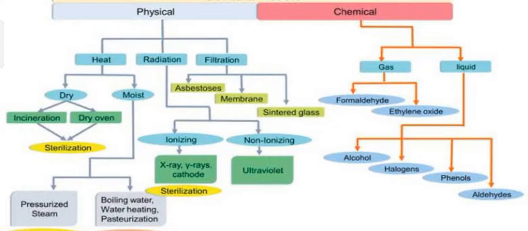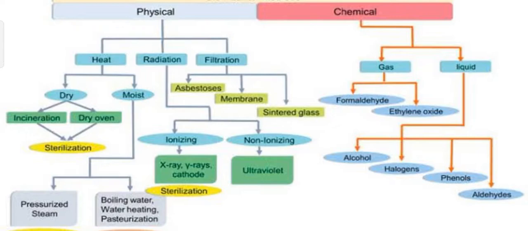Under radiation we have ionizing radiations and non-ionizing radiations. X-rays and gamma rays are ionizing radiations, whereas UV light or UV rays come under non-ionizing radiation. Under filtration we have different filters: asbestos filters or Seitz filters, membrane filters, sintered glass filters.